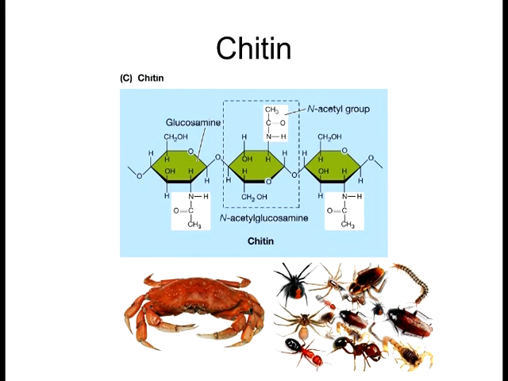Chitin is a carbohydrate that is primarily found as the exoskeleton of crustaceans and insects, crabs, lobsters, and the insect clade. When you step on something and you hear that crunch, that's chitin. When you go to Red Lobster and you crack open their shell, that's chitin.